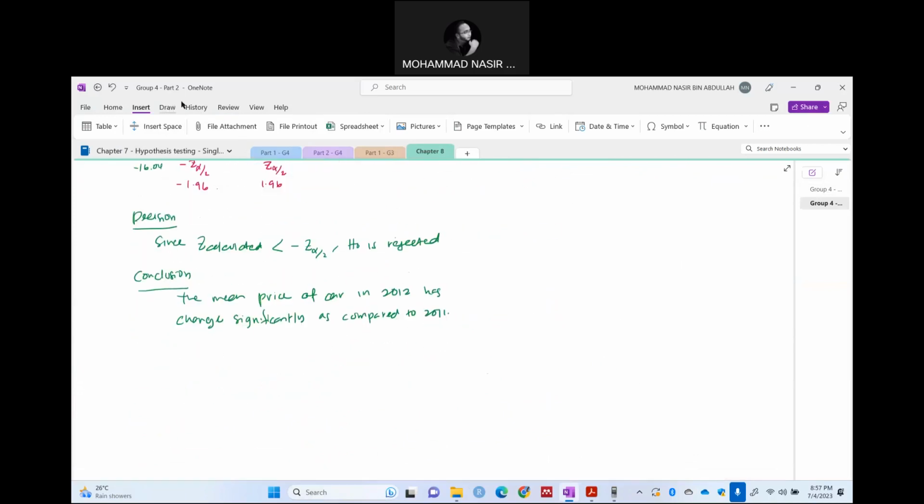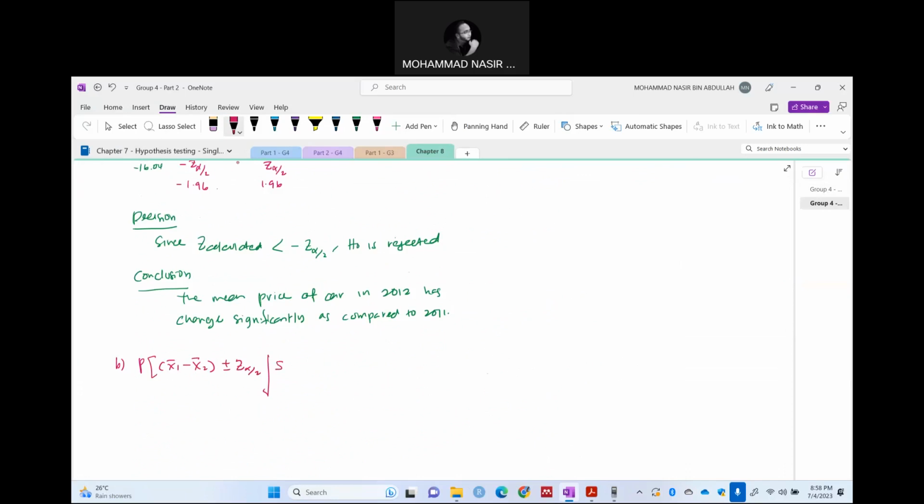So now, part B, the 95% confidence interval should be x bar 1 minus x bar 2 plus or minus Z alpha divided by 2 times the standard error, which is the square root of s1 squared over n1 plus s2 squared over n2, right? So this is equal to 95%.